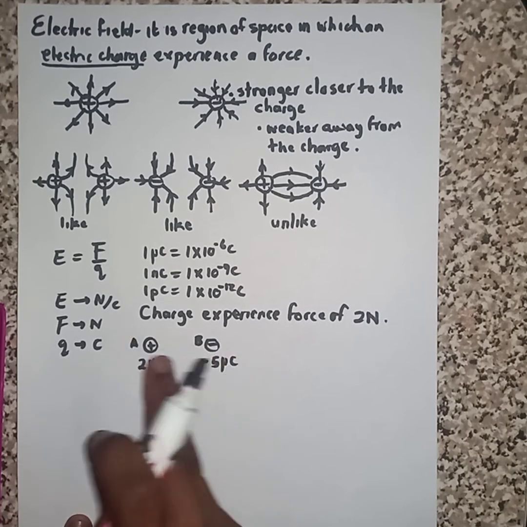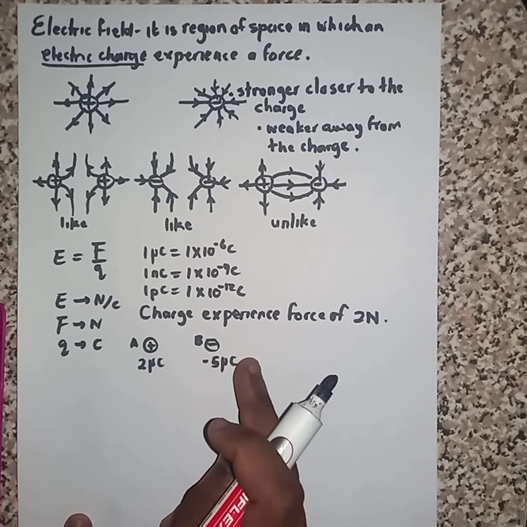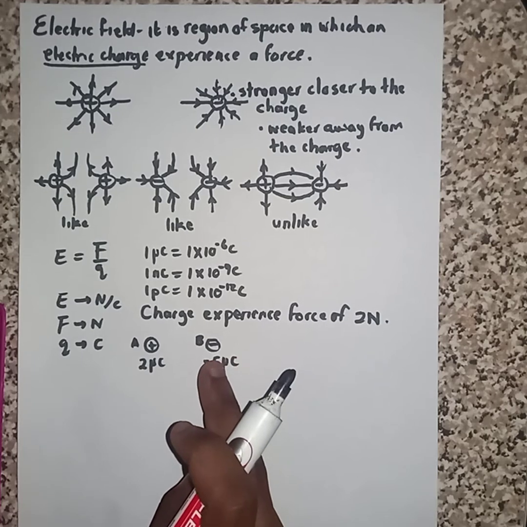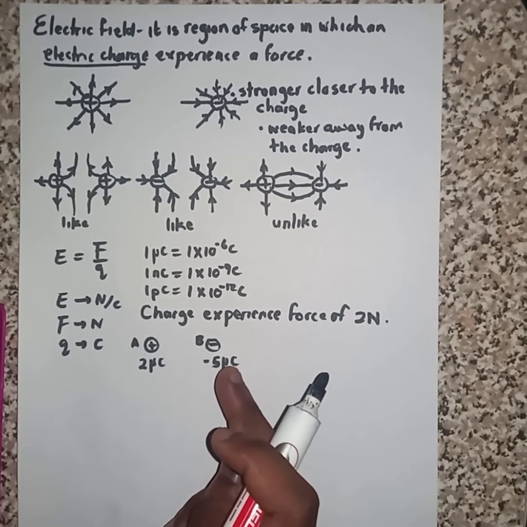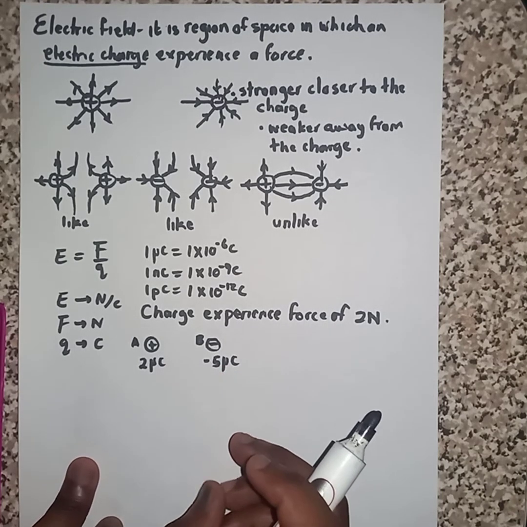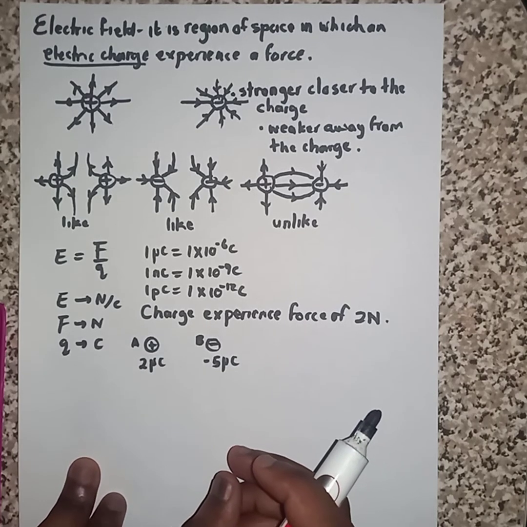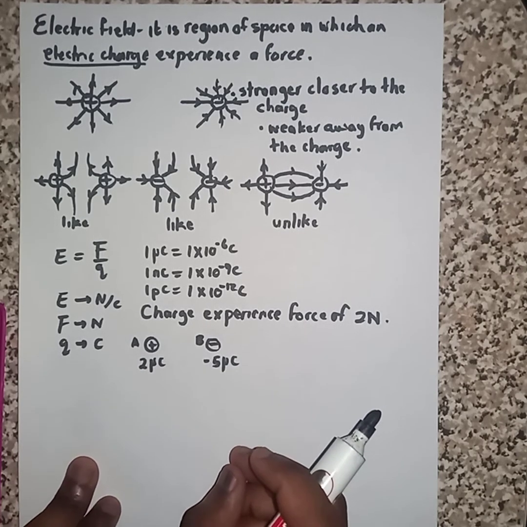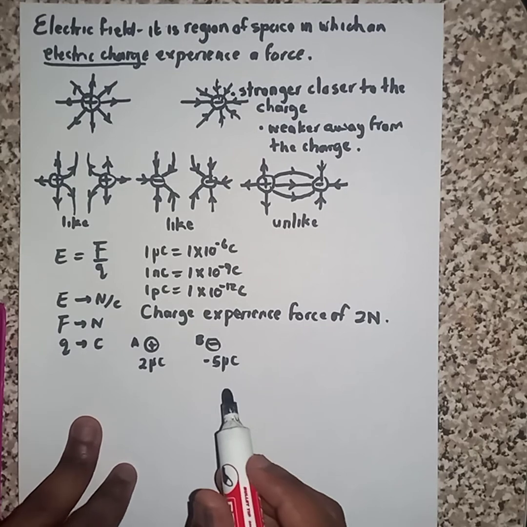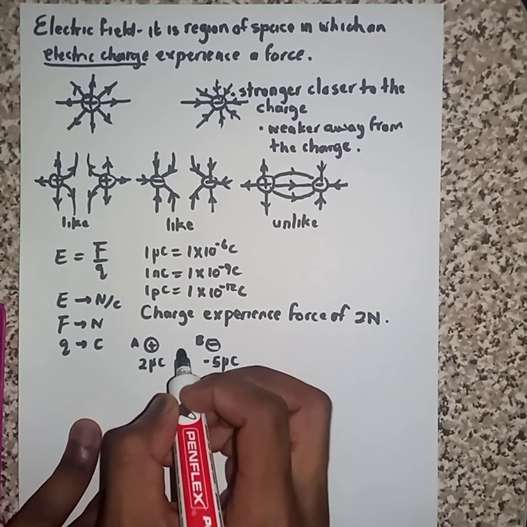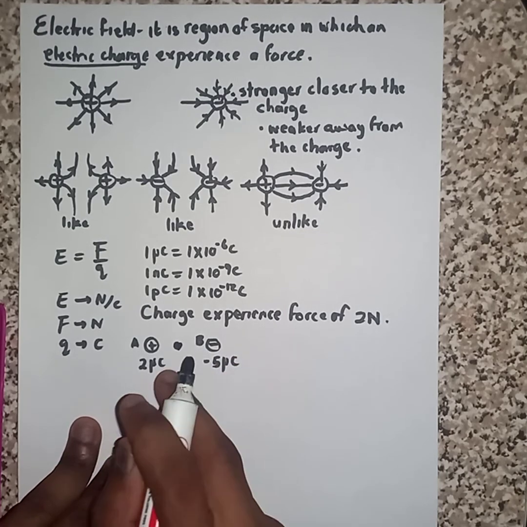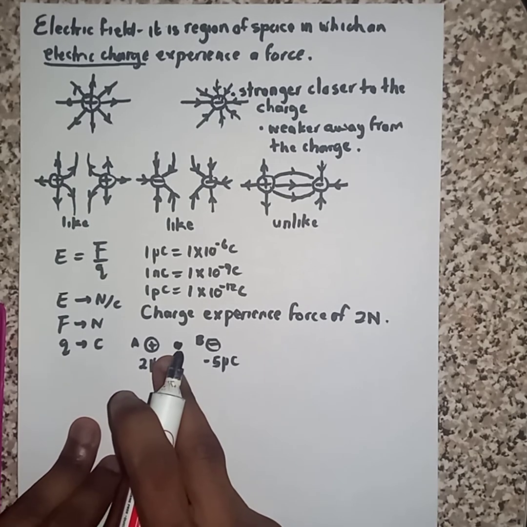Then now we have to determine the direction for charge B. We have to determine the direction of the electric field. We normally use a test charge. A test charge is used to determine the direction of the electric field. It is always positive. If I take a test charge which is positive, it is so small. Let's say this one is our test charge, right?